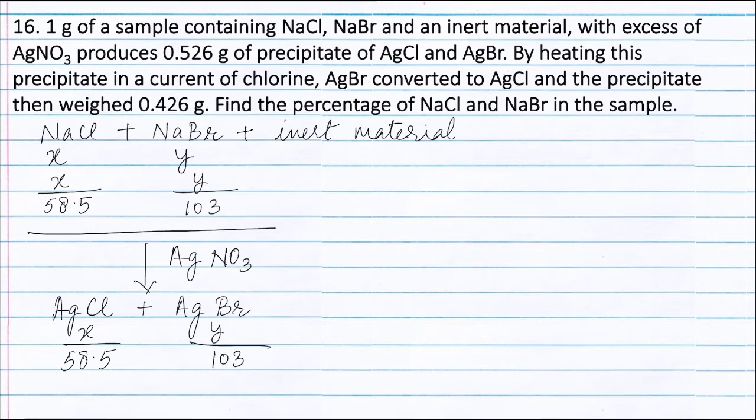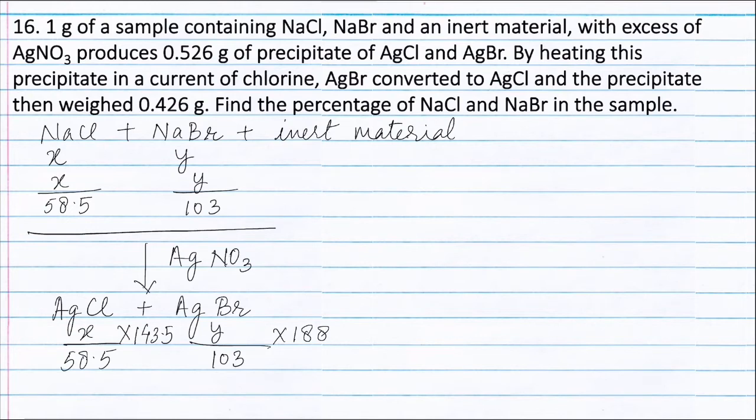Now, weight of AgCl produced will be equal to moles of AgCl multiplied by molecular weight of AgCl, that is 143.5 gram, and weight of AgBr produced will be equal to moles of AgBr, that is y divided by 103, multiplied by molecular weight of AgBr, that is 188 gram.